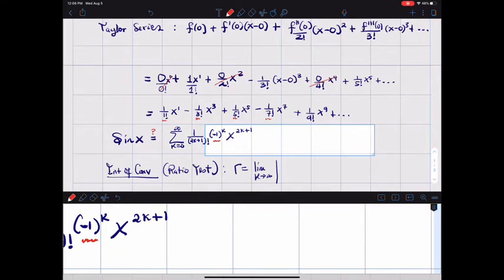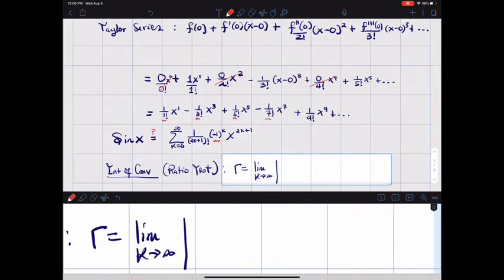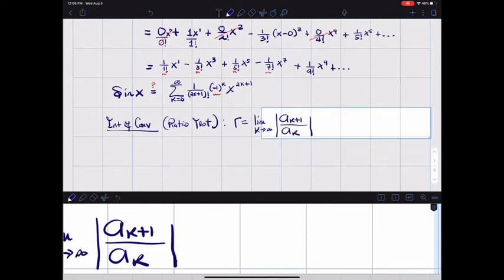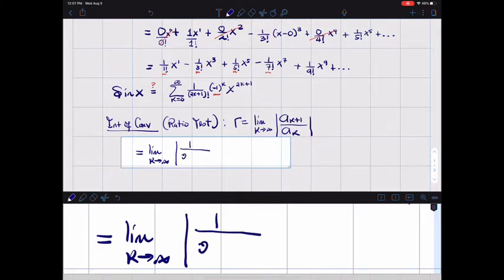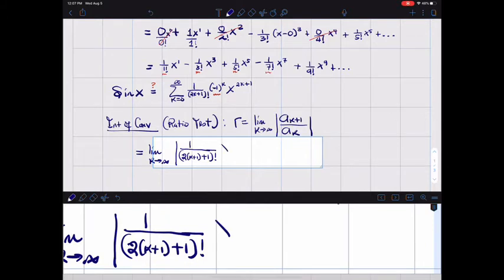So we look at our series. Let's do it one by one. This is a_(k+1) over a_k. Look at this: the limit as k goes to infinity. Replace all the k's with k plus 1. So we have 1 over 2 times (k plus 1) factorial, times x to the power of 2 times (k plus 1).